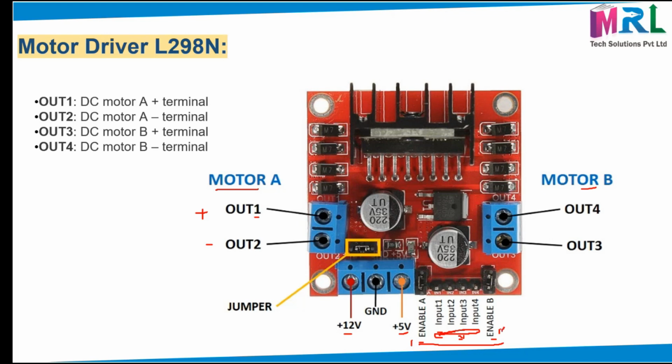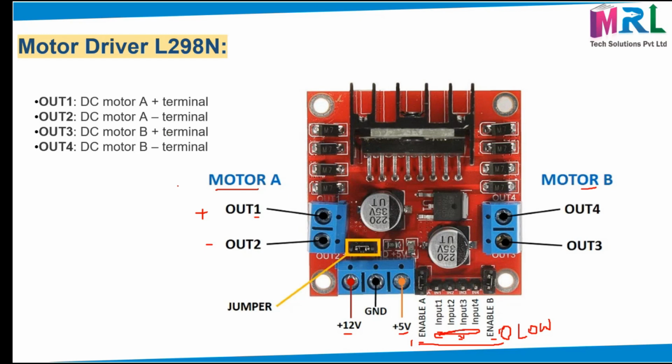If enable B equals 0, that means low, so your motor will not be enabled. It will be in an inactive, off state. To make the motor run, we have to give an enable signal here, that means 1. We will see that when looking at the code. That is how the motor will work.